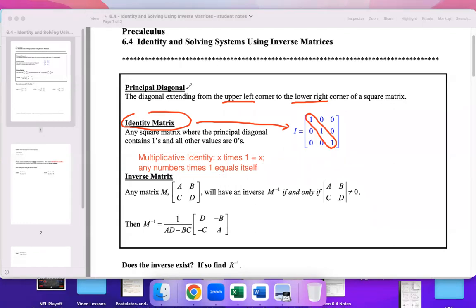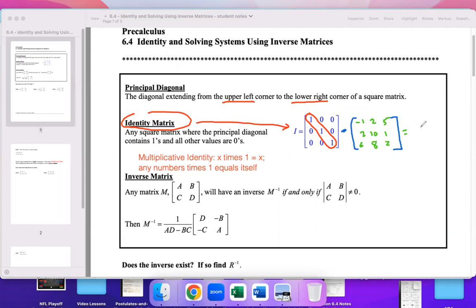If I were to multiply this, just an example, I'll put some random numbers in here. Say I have like -1, 2, 5, 2, 10, 1, 6, 8. You don't have to write these down, by the way.